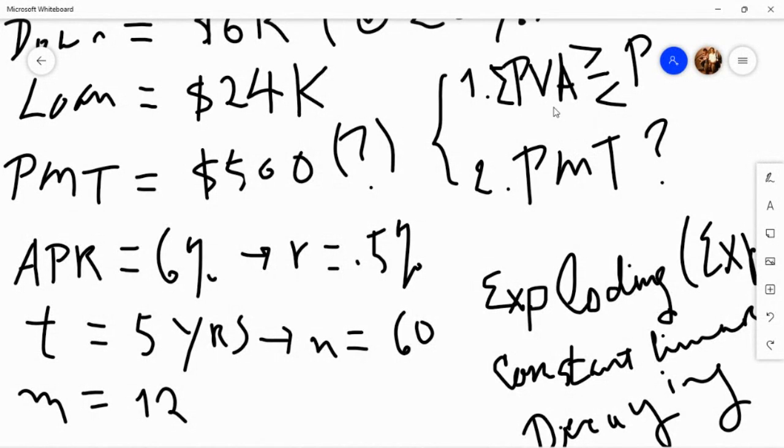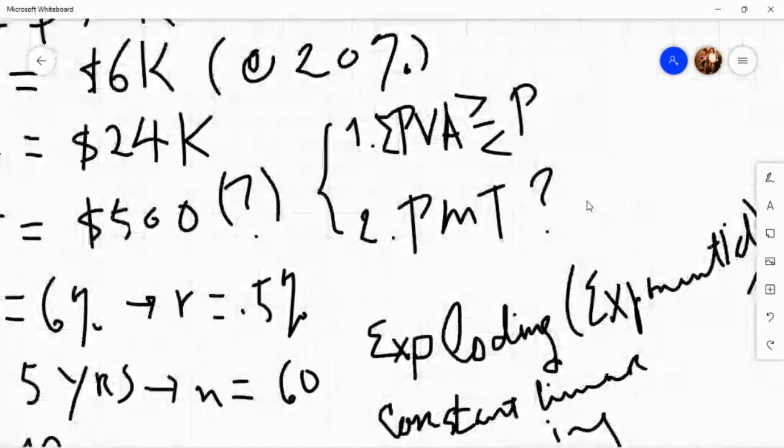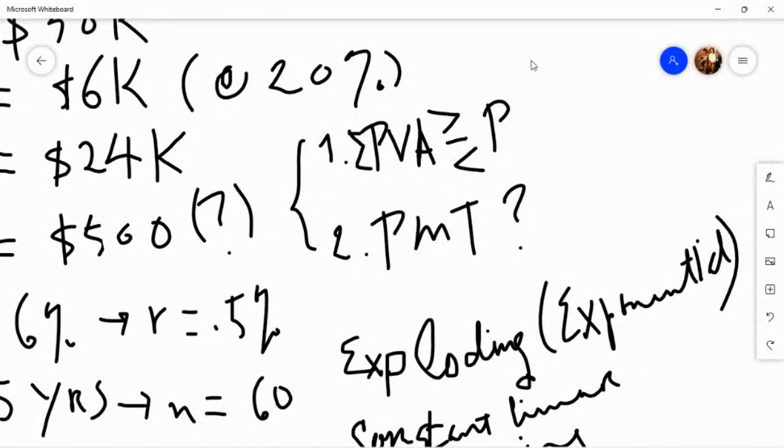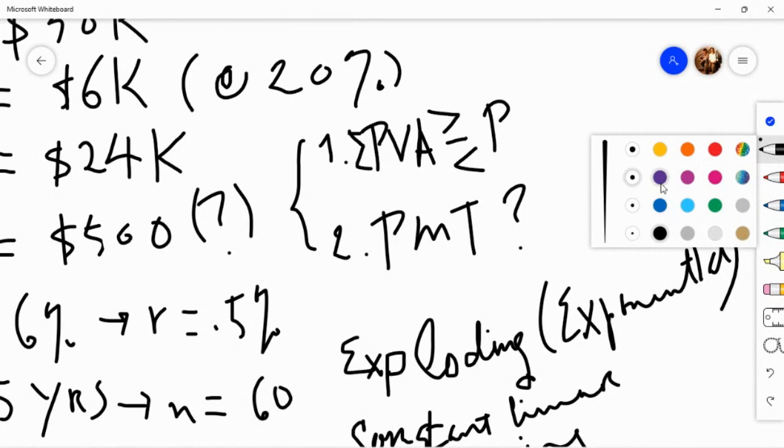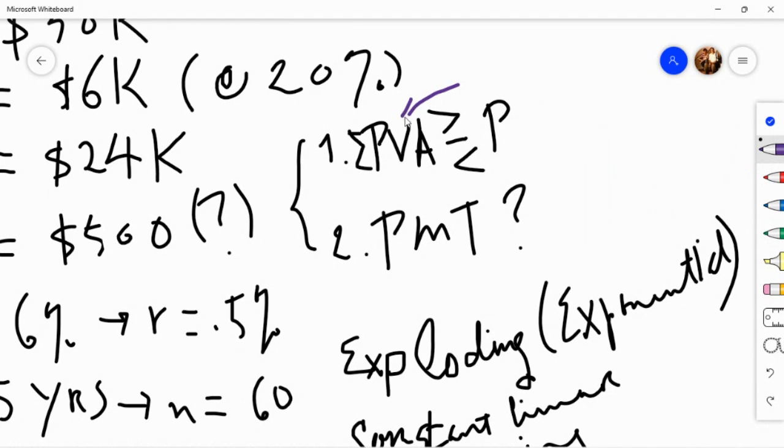First of all, first is we find the present value of all those annuities. In other words, we find the sum of all those present values, right?